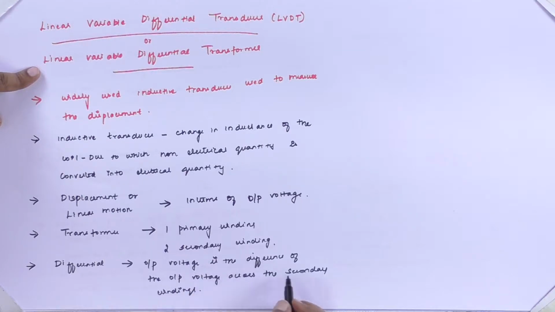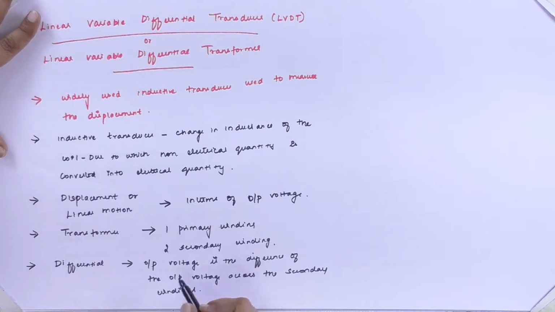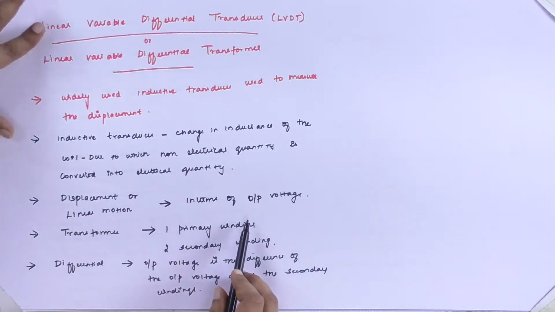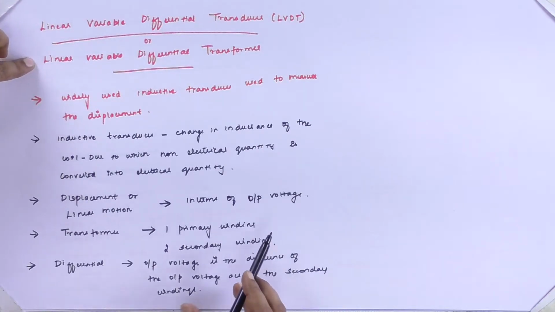So the difference in the output voltage across the secondary windings will be the output voltage of this linear variable differential transformer. Since it converts linear motion into voltage, we call it a linear variable differential transformer.